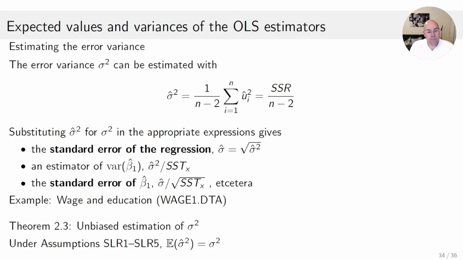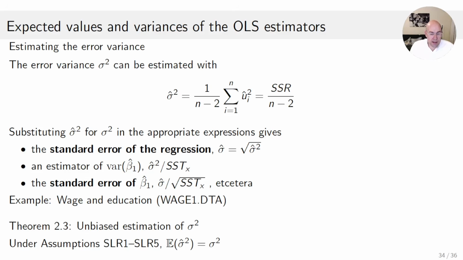Now, this brings us to theorem 2.3, which is a formalization of this whole procedure. The title of theorem 2.3 is unbiased estimation of sigma square.